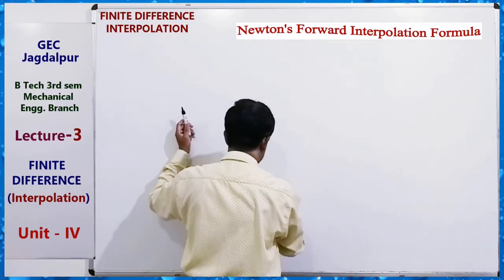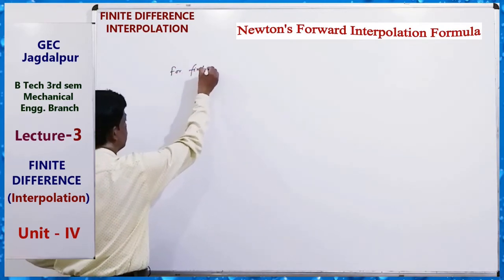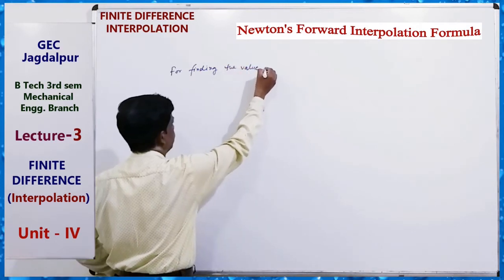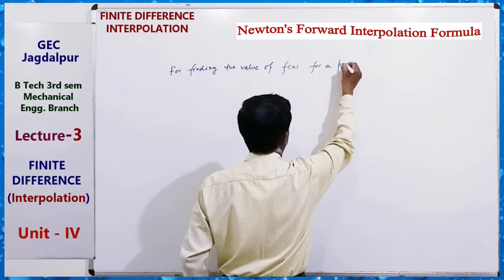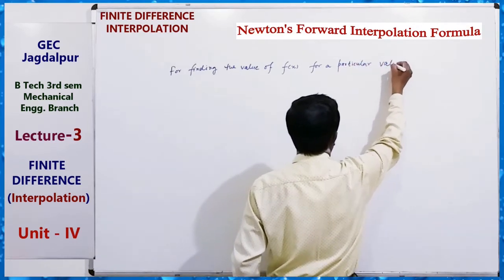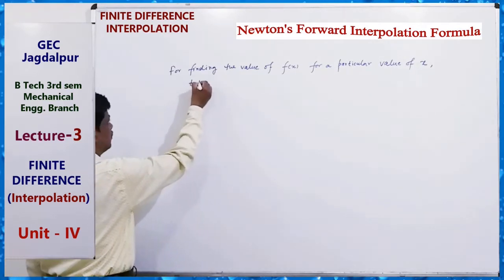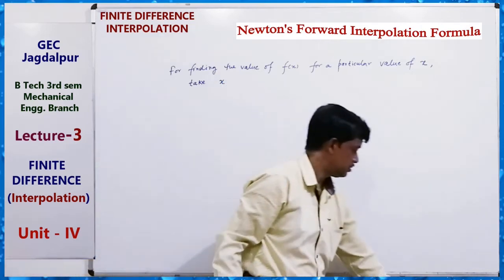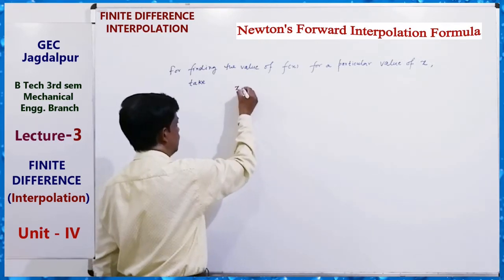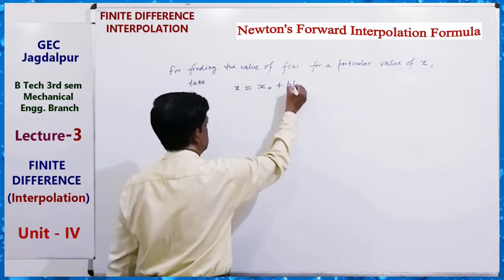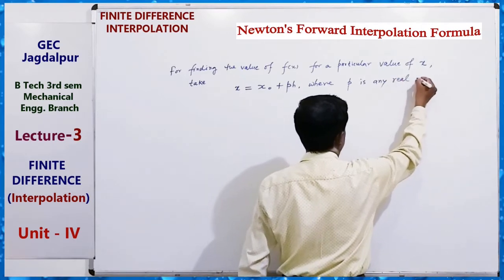So here, for finding the value of f(x) for a particular value of x, take x equals x0 plus ph, where p is any real number.